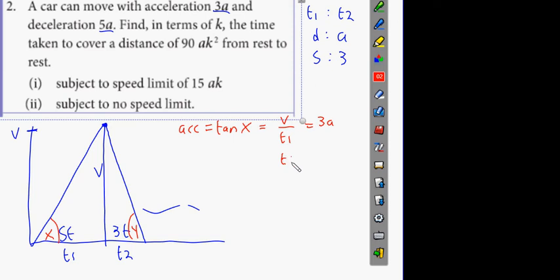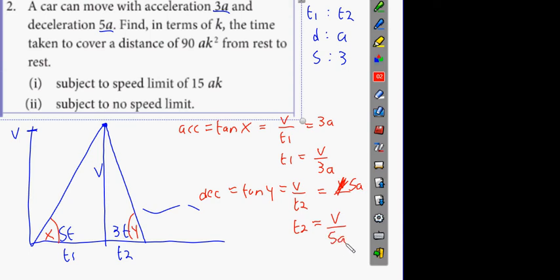So t1 equals phi over 3a. You could have also done deceleration equals tan y. Tan y is phi over t2, opposite over adjacent, and that equals 5a. Therefore, T2 equals phi over 5a.